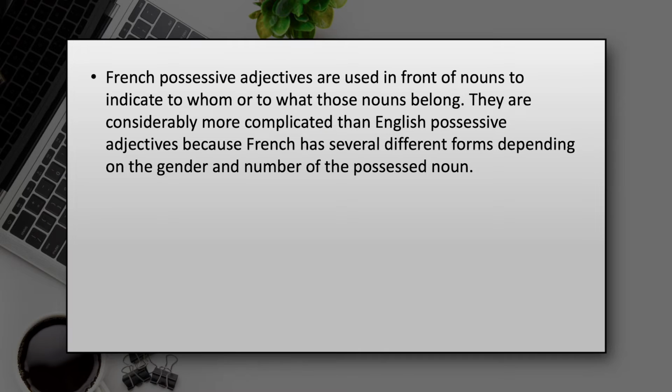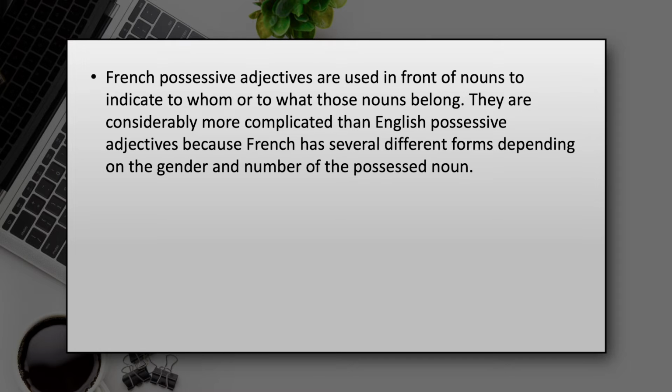French possessive adjectives are used in front of nouns to indicate to whom or to what those nouns belong. They are considerably more complicated than English possessive adjectives because French has several forms depending on the gender and the number of the possessed noun.